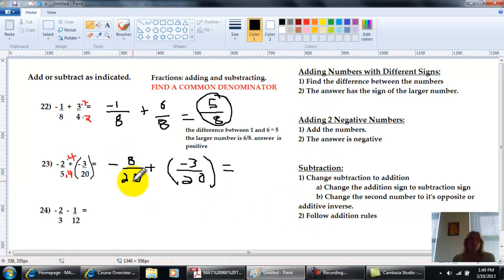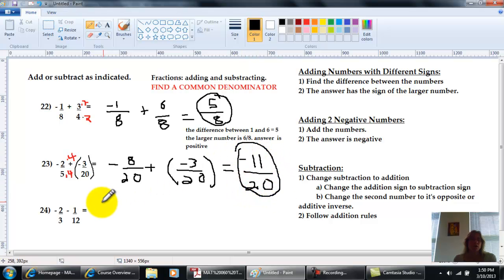So we have negative 8/20 plus negative 3/20. That is two negative numbers. So when we add two negative numbers, add the numbers, and the answer is negative. So once again, we found a common denominator. We don't add those. We just add the numerator. So that's 11. So it's negative 11 because the answer is negative. And there you go, negative 11/20.